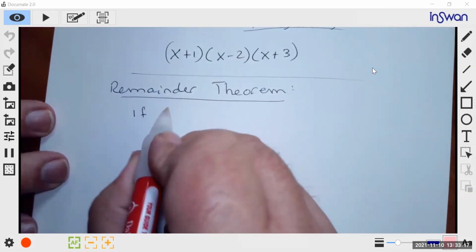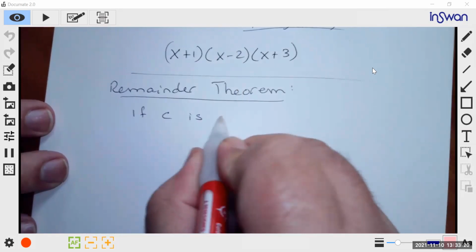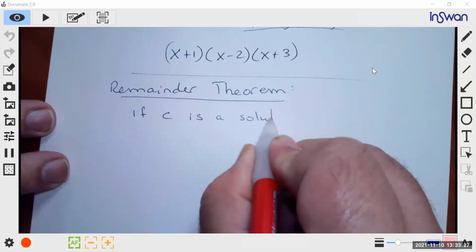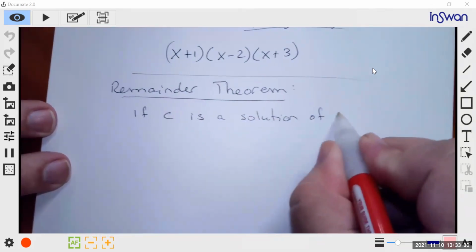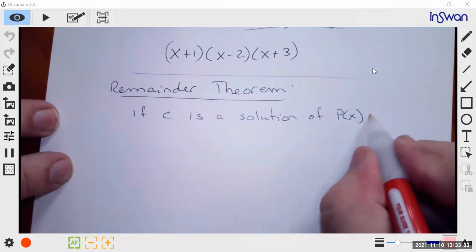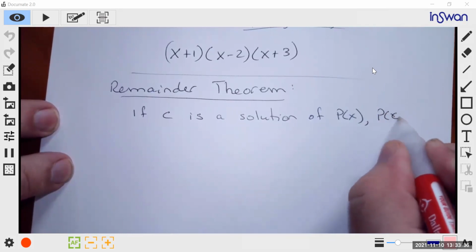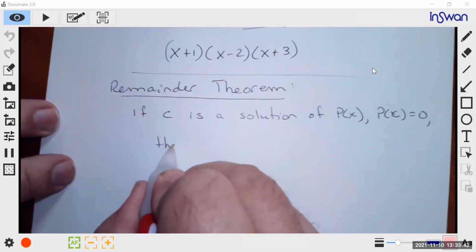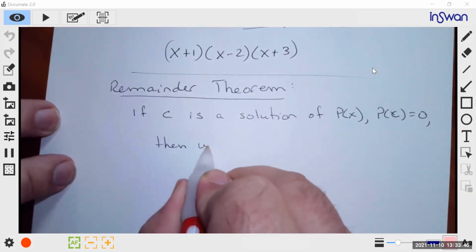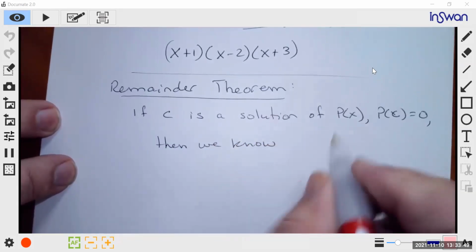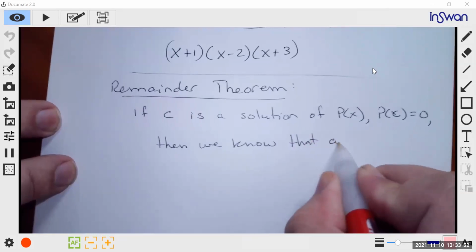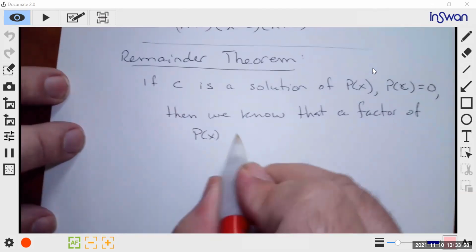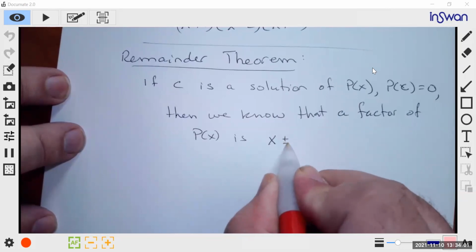The remainder theorem says this: if C is a solution of P of x, making P of C equal 0, then we know that a factor of P of x is x plus or minus C.